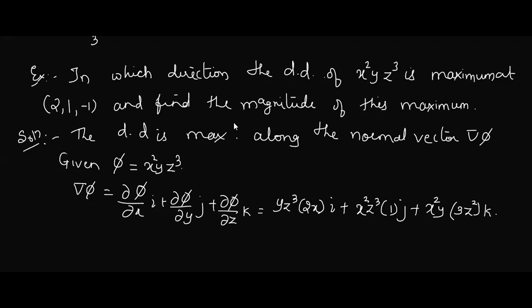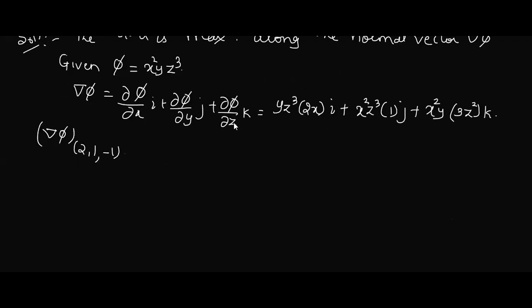They have asked at some particular point. Let us find del phi at the point (2, 1, -1). So x is to be taken as 2, y as 1, and z as -1. Let us substitute that. So y is 1, z is -1 cube, then 2, and x is 2, into i.